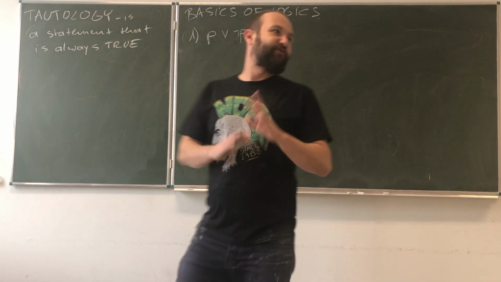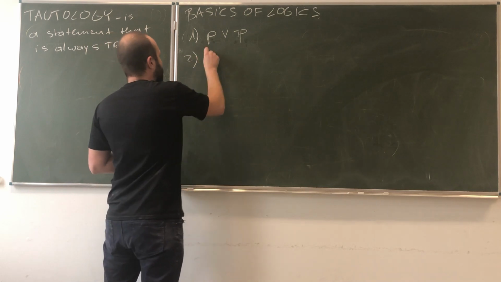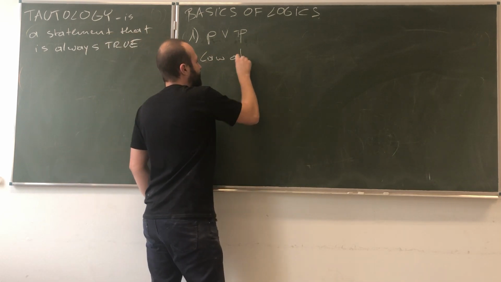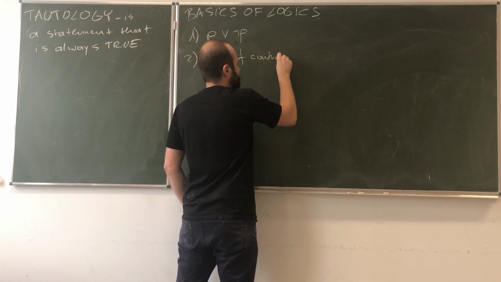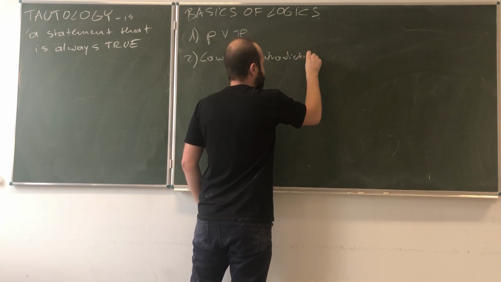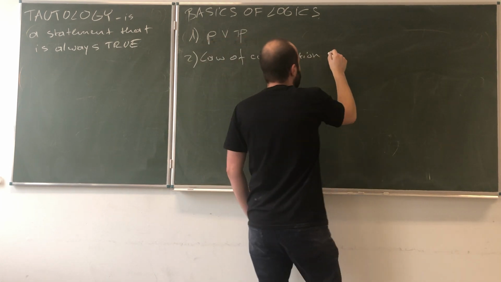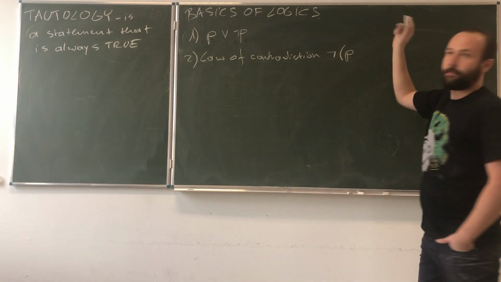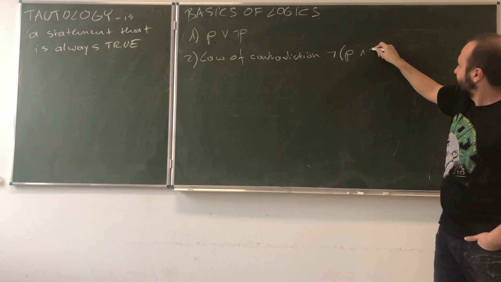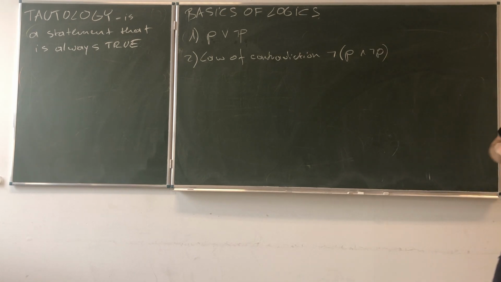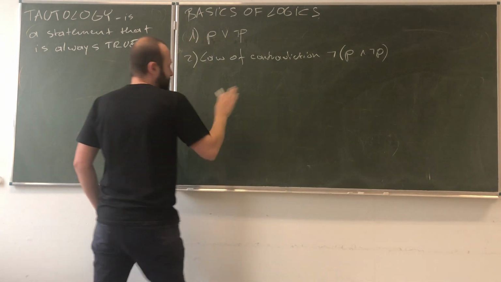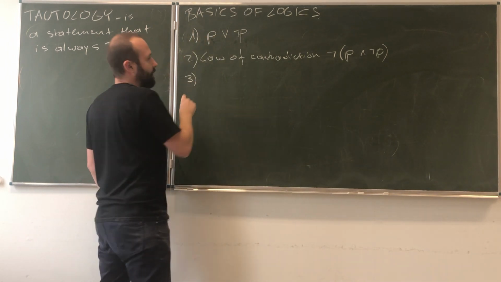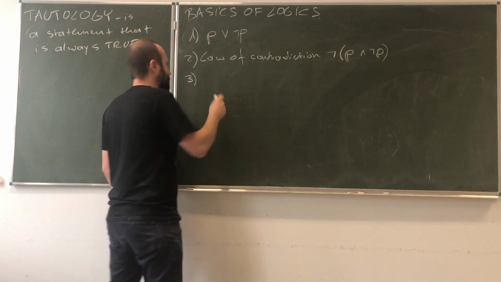But okay, let's first write down a couple of them, like law of contradiction. And in the case of the law of contradiction, we've got not P and not P. Then we will have law of double negation.